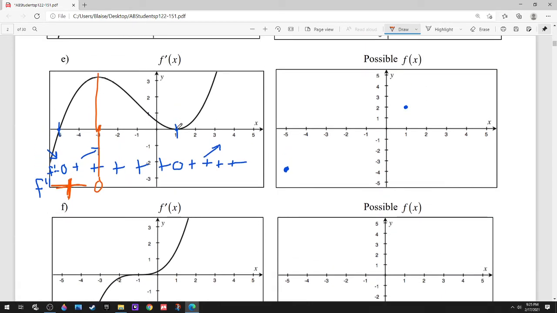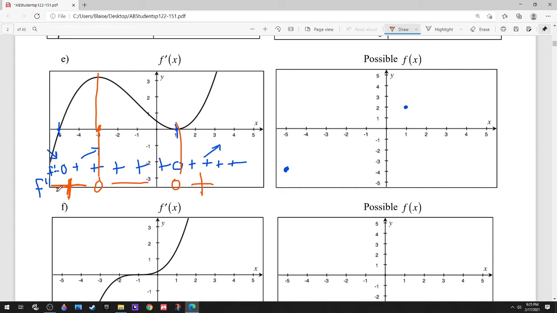Between here and here, slopes are negative. Slope here is 0. After this, slopes are positive. So paying attention to the slope of f prime is paying attention to the derivative of f prime, is paying attention to f double prime.